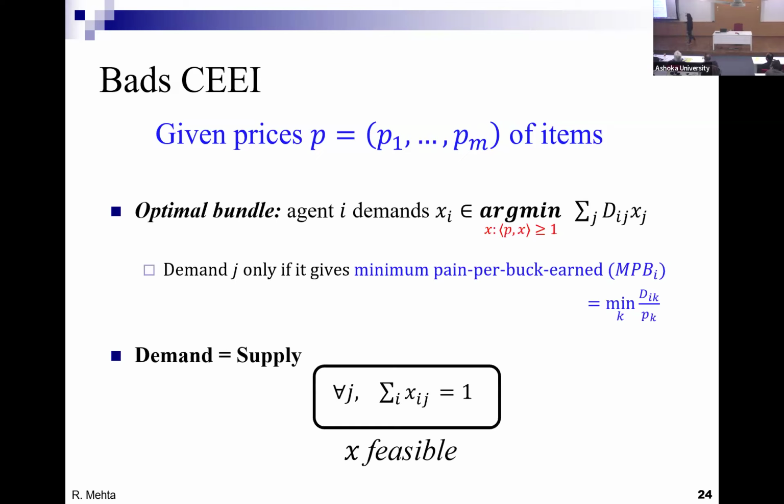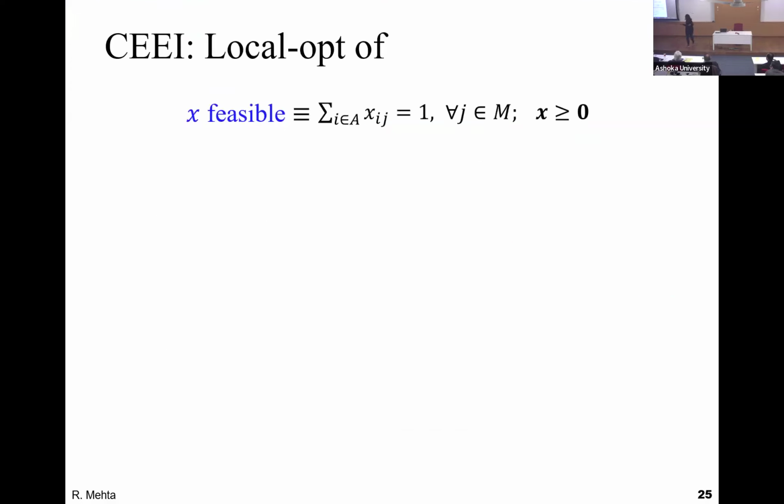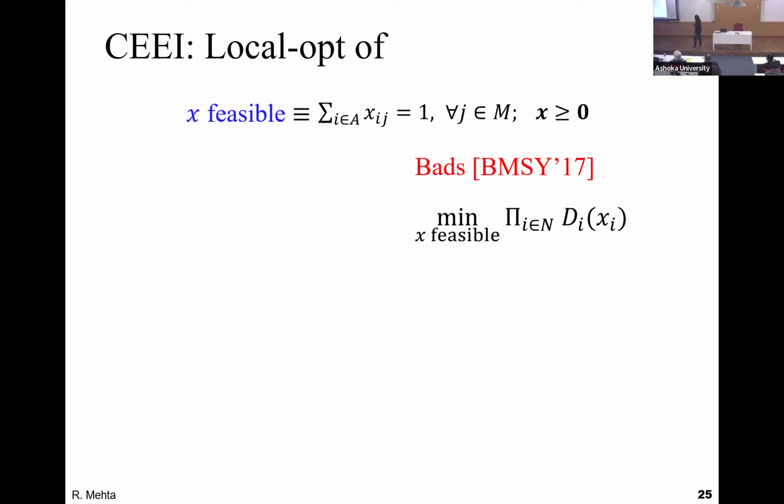So now, let's call such an allocation a feasible allocation, where the market clears, demand equals supply. Now I'm trying to go into the computation, or understanding the characterization of such equilibria, from the mathematical programming perspective. So let's call this X being feasible.